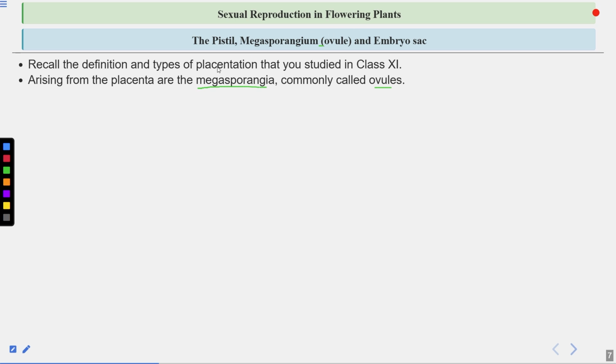So that is why this placenta is very, very important. Arising from the placenta are the megasporangium, commonly called ovules, present in the ovarian cavity or locule.